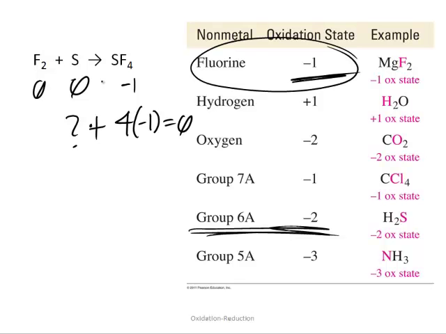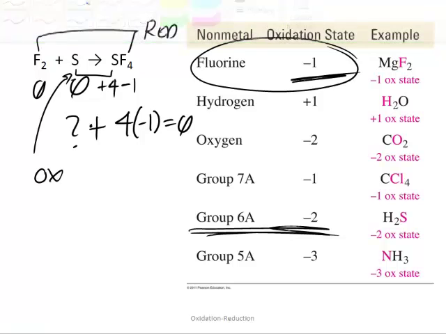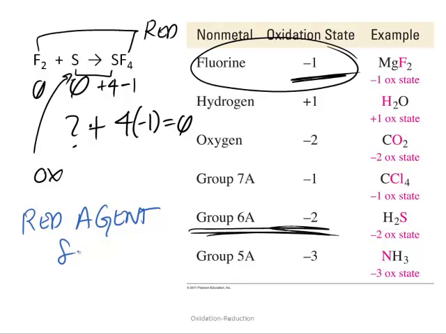That has to be +4. So fluorine gained electrons, sulfur lost electrons. This is going to be my reduction reaction for fluorine, and sulfur will be my oxidation reaction. And so that means that my reducing agent is sulfur, and my oxidizing agent is fluorine.